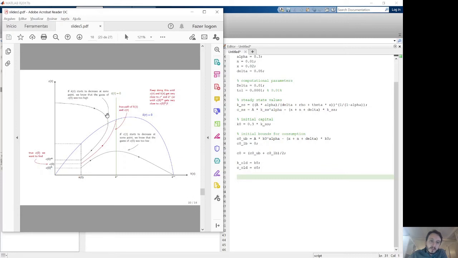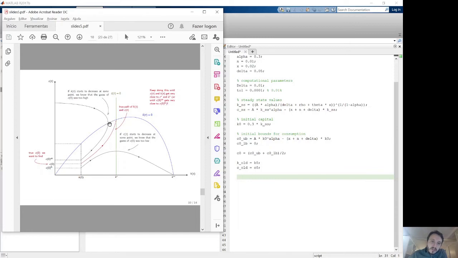So if this happens, we'll tell MATLAB to stop simulating the paths of capital and consumption. The other thing that can happen also is consumption starts decreasing. If this happens, we will tell MATLAB to stop simulating. But if this happens, we will do something different than if this happens.